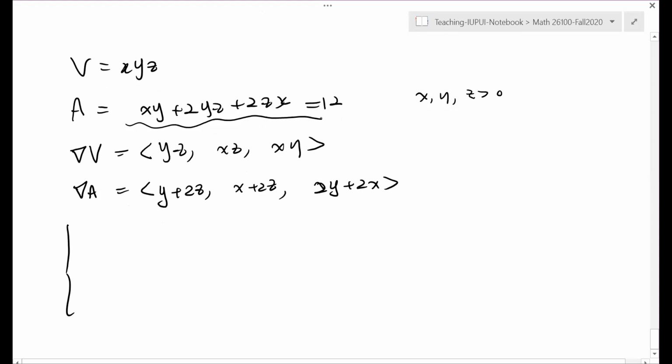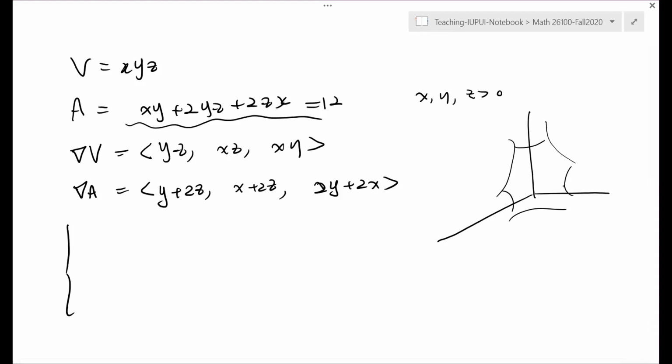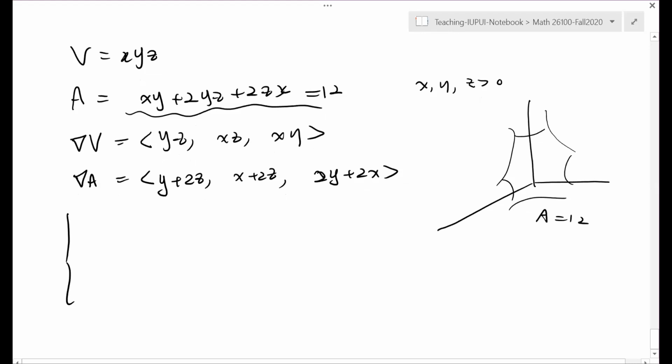It's an unbounded surface, honestly. x, y, z must be positive. Nearby the x-axis, y-axis, z-axis, it goes to infinity. I'm not going to draw the picture. This is A equals 12. The function is restricted on this surface.